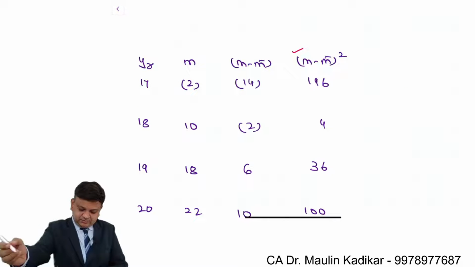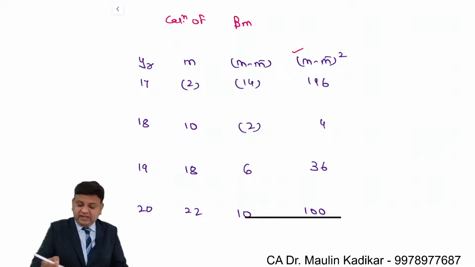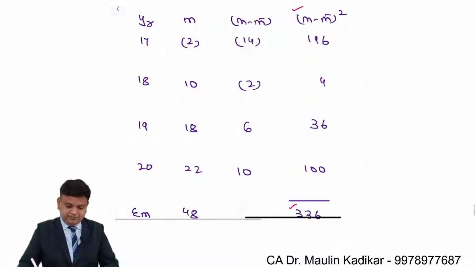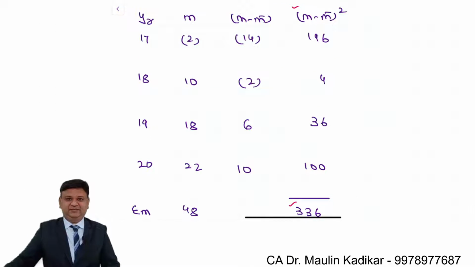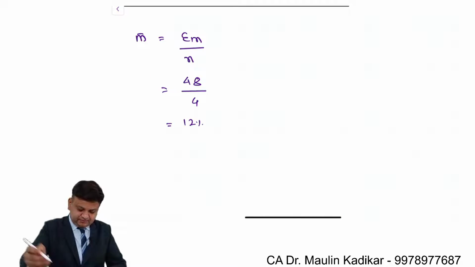So let us answer. Calculation of beta of market portfolio. In that, write down working note number 1, calculation of variance of market portfolio. Please write down this answer. So write down further answer.